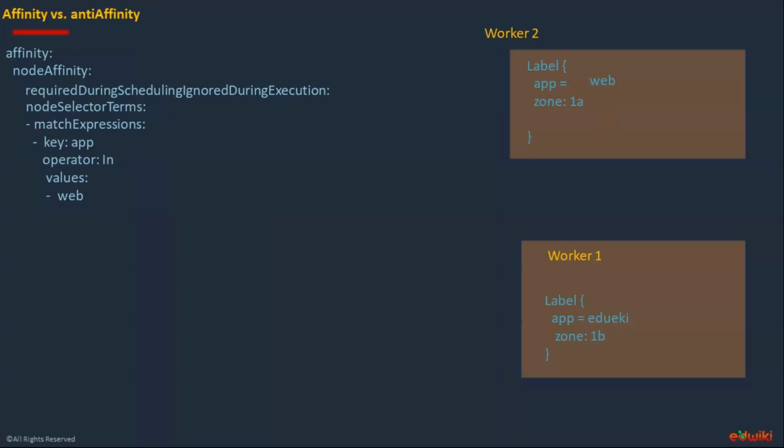Why worker 2? I said that the pod should go to a worker node whichever has the key app, the value should be web, and which is mandatory. That required during scheduling tells that this rule is a must rule. Please select the node whichever has this particular key value pair. Now your pod will go to worker 2 only.